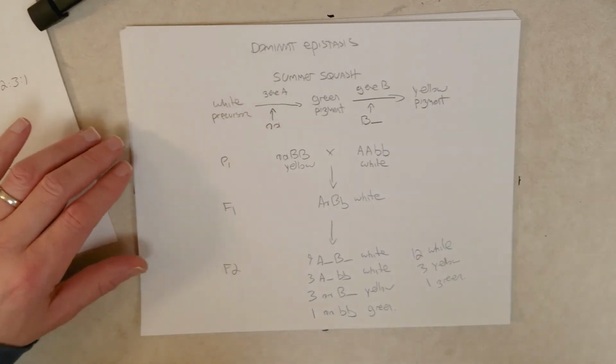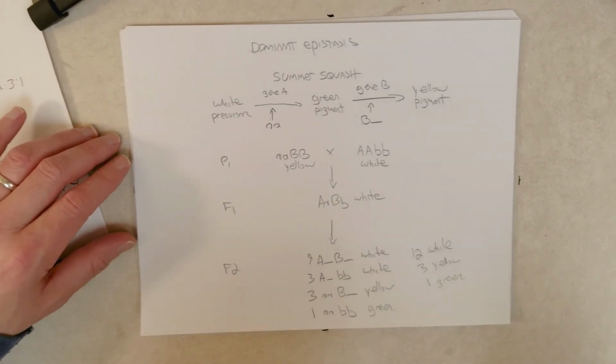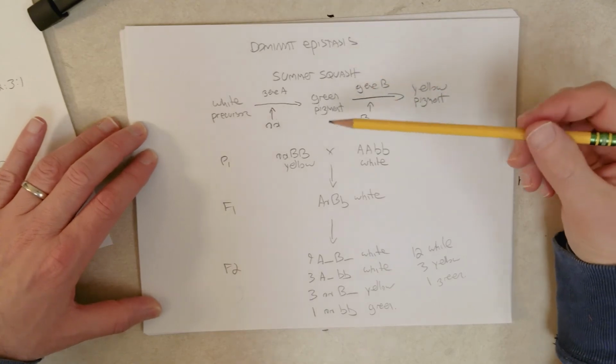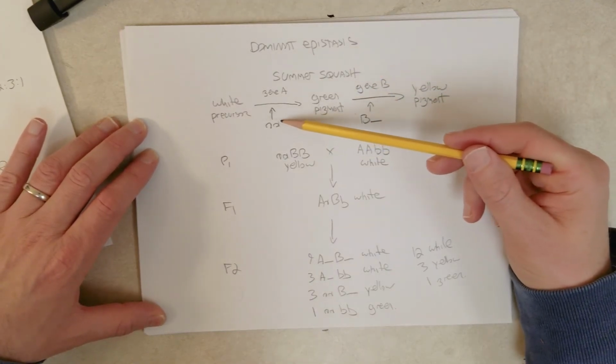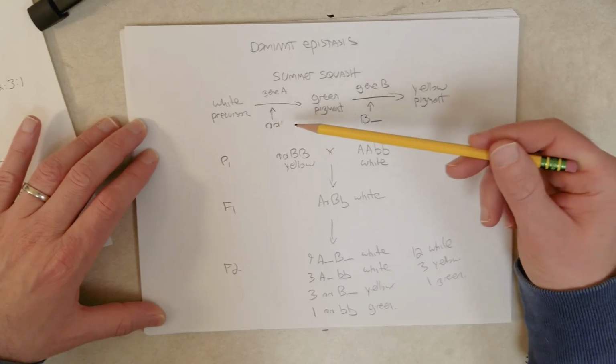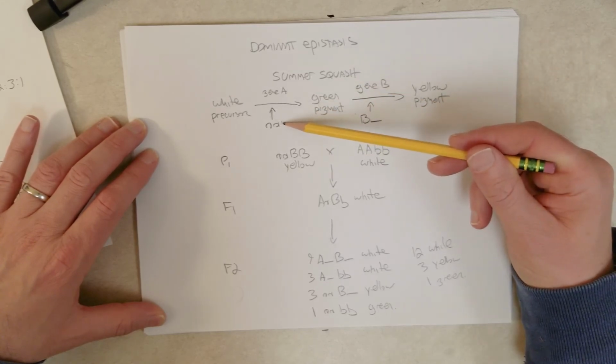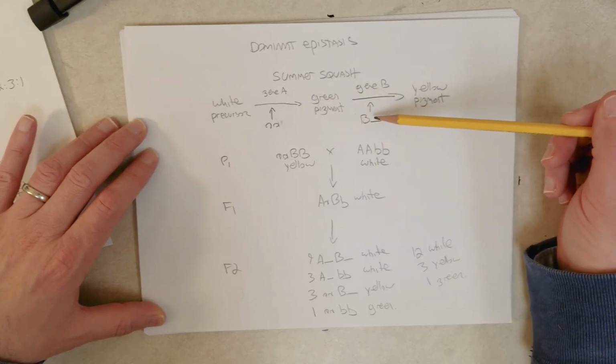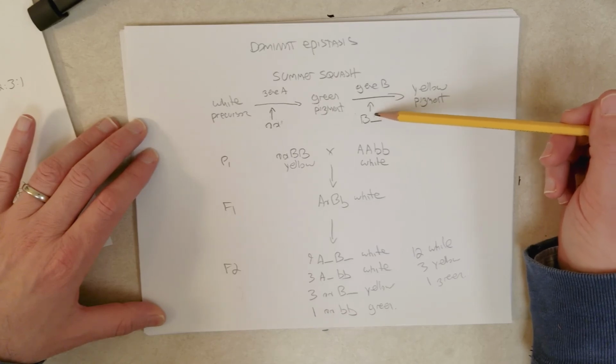And again, so why is this an example of dominant epistasis? So this is an example of dominant epistasis because when there's a dominant allele here, it masks the identity and the function of the gene over here.